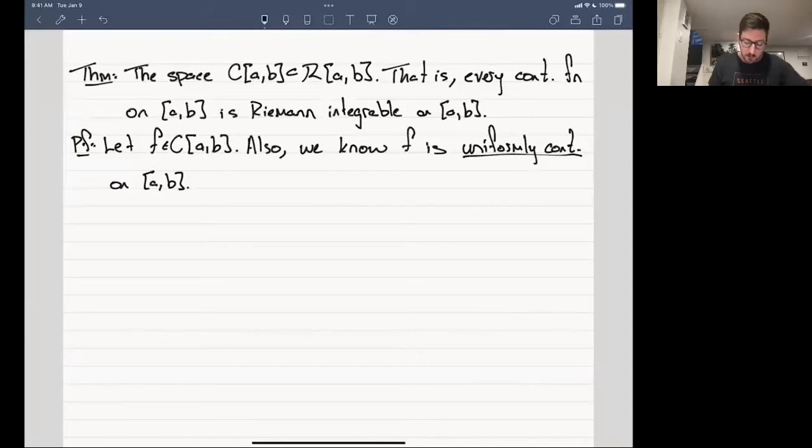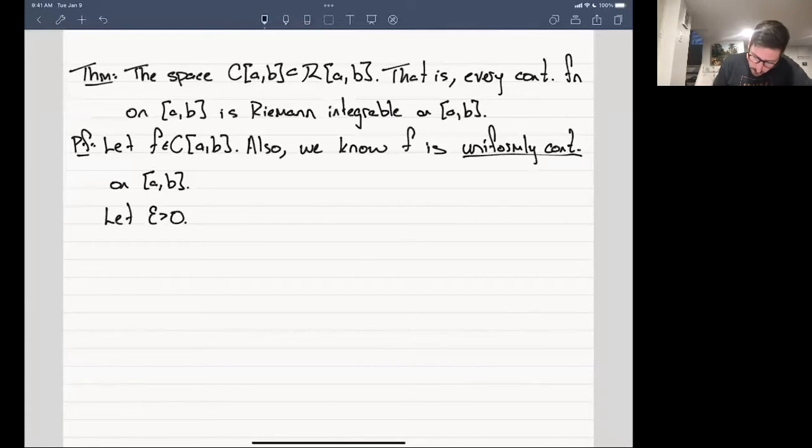Now we want to use Darboux's criterion. So that means we need epsilon greater than 0, right? We want to show the upper sum minus the lower sum is smaller than epsilon when we have an appropriate partition. That's what that limit tells us from Darboux's criterion.